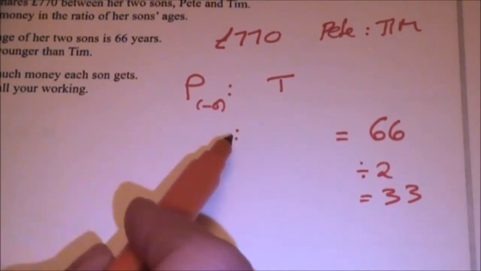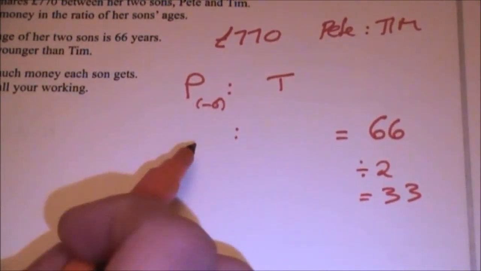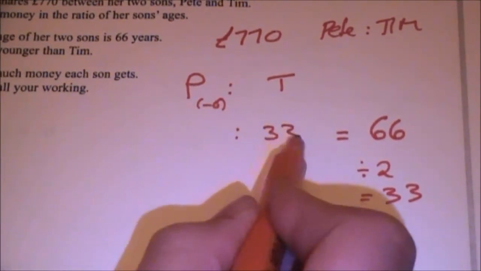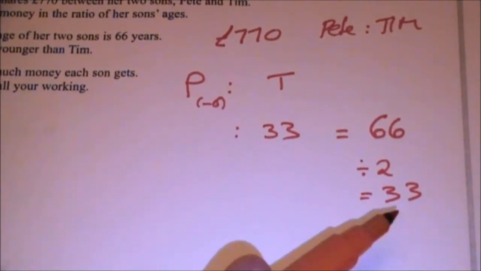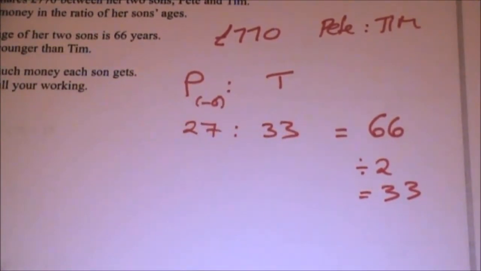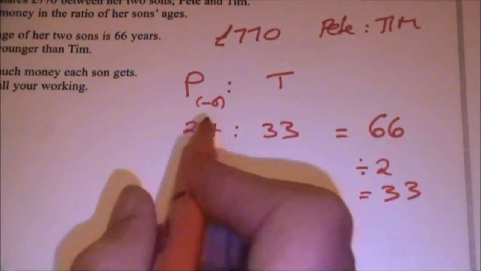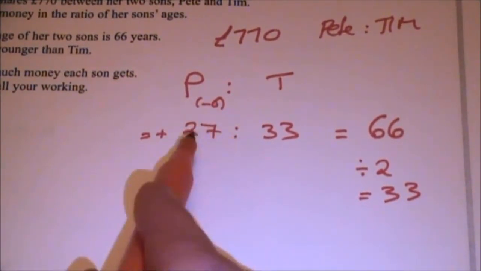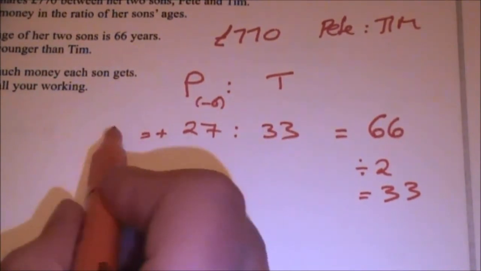So I'm going to take a guess at, let's just take the 6 off, right? Let's just say that Tim is 33, and so Pete is going to be 6 less than that, so he's going to be 27. 27 and 33, they add up to give me 60.